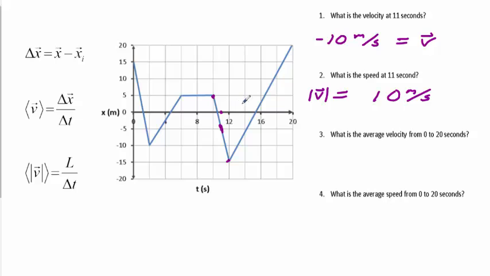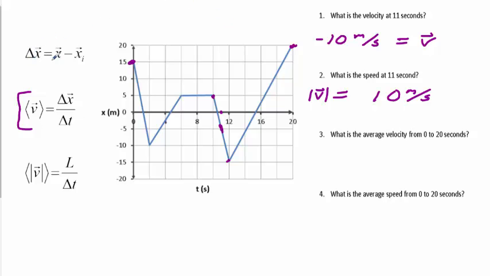It says, what is the average velocity from 0 to 20 seconds? Okay, so to find the average velocity, that's our definition here. It's the displacement over the time interval. So the time interval is 20 seconds, the difference between 0 and 20. And the displacement, we have to look on the graph. Here's our position at 0. Here's our position at 20.